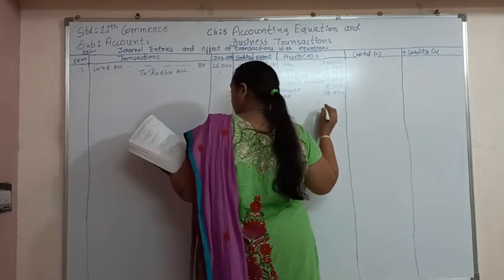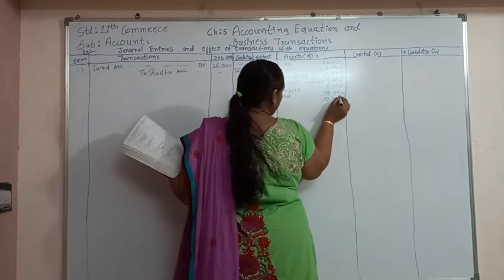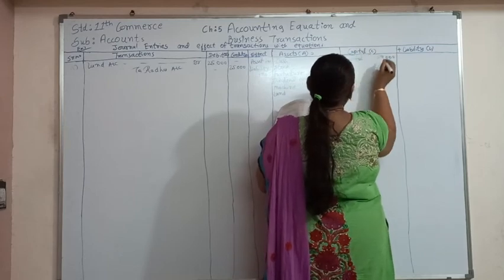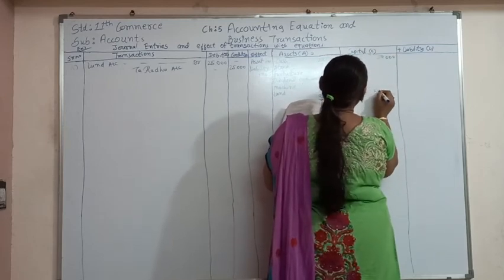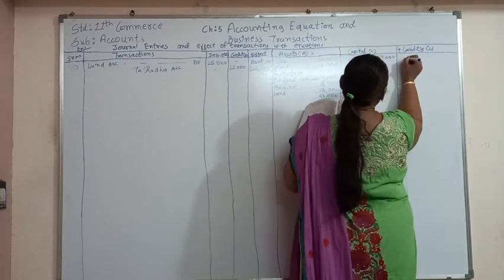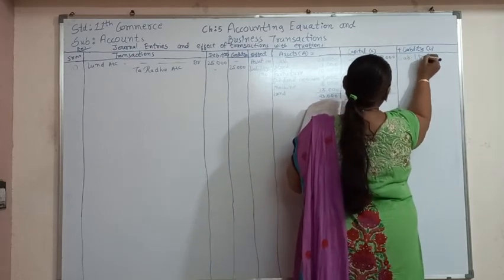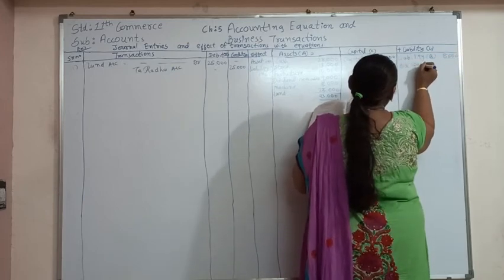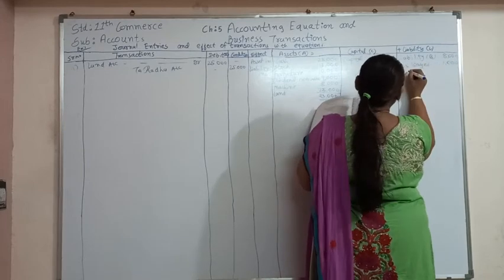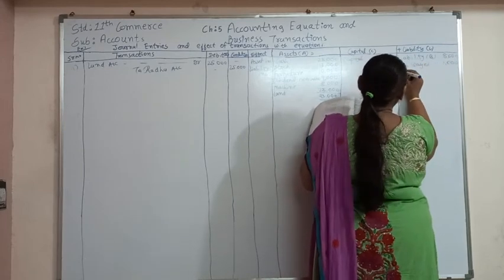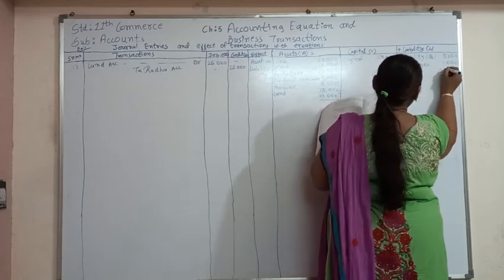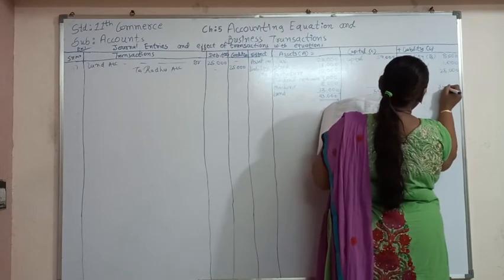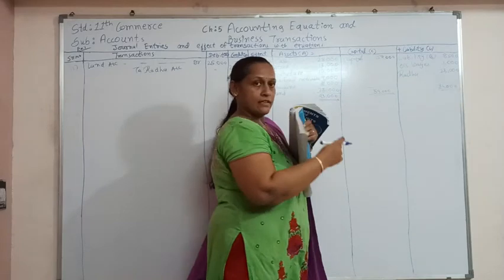So total of this will be 93,000. Again here rupees 59,000. So here total is 59 and liability of B will be 8,000 and outstanding wages will be 1,000. Land that we have purchased from Radha, so 25,000. So total 59 plus here it will be 34. So it will be 93.